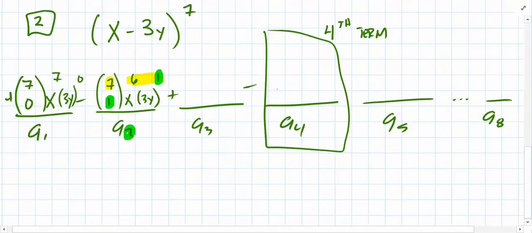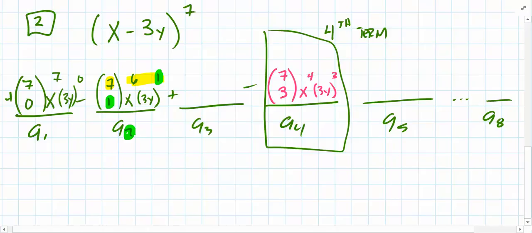So therefore, if we want this term, it's going to be 7 choose what? 7 choose 3, x to the power of something, and 3y to the power of something. Well, if this is a 3 down here, then this has to be a 3 up here, right? And 3 and what makes 7? So that has to be a 4.